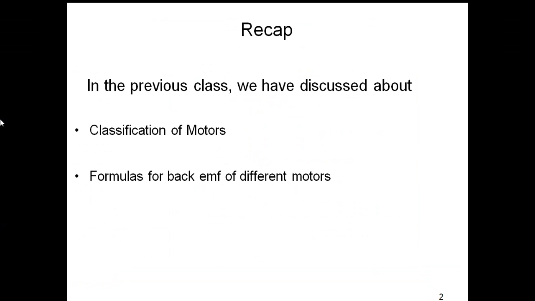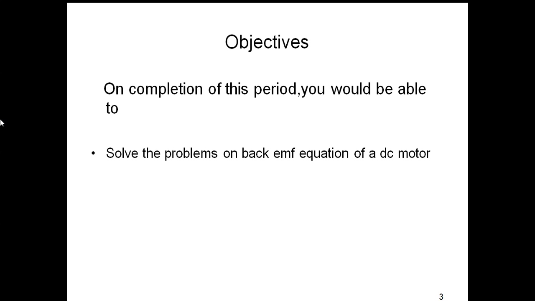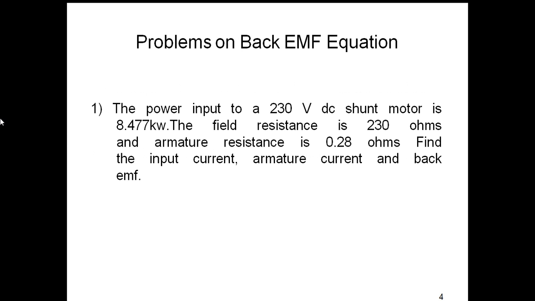And in this presentation, we will be solving some of the problems on back EMF equation of DC motors. The first problem is: the power input to a 230 volt DC shunt motor is 8.477 kilowatt.